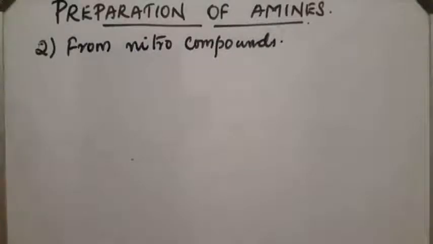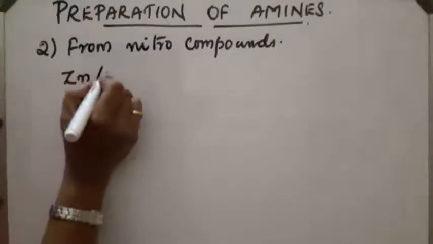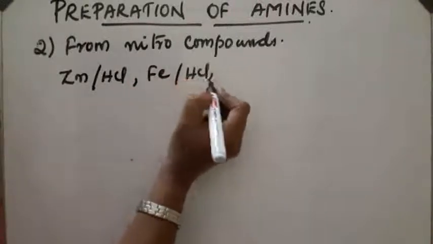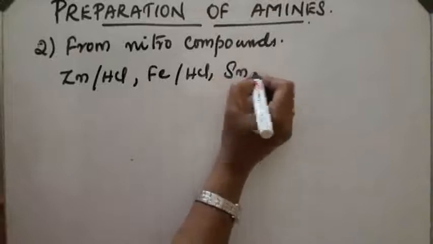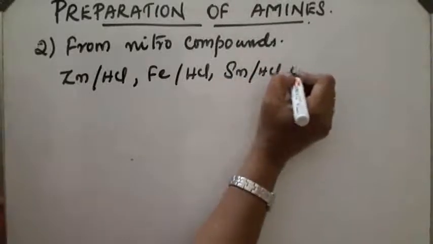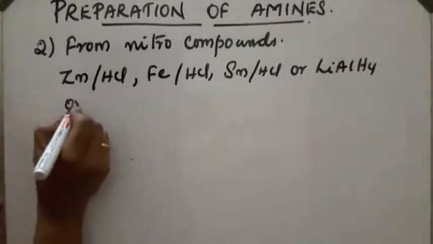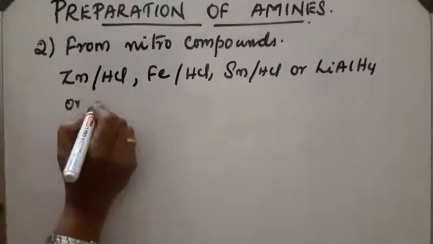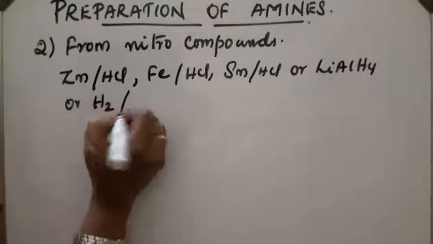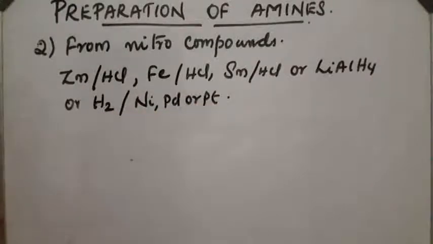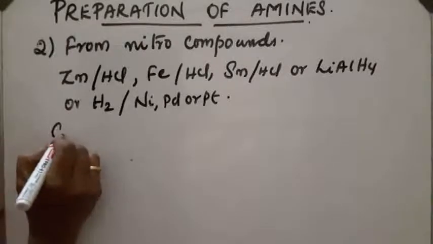Nitro compounds are reduced to primary amines by metals like zinc with HCl, iron with HCl, tin with HCl, or lithium aluminium hydride, or by catalytic hydrogenation in presence of nickel, palladium or platinum. These are the different reagents used for this reaction.